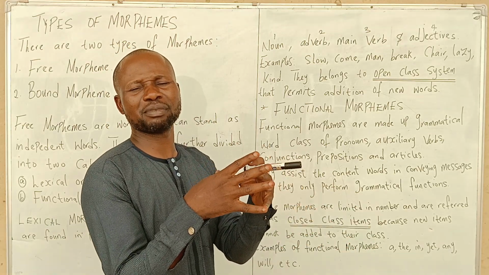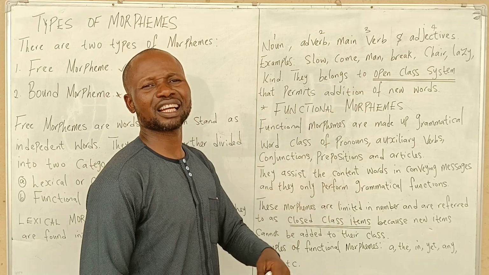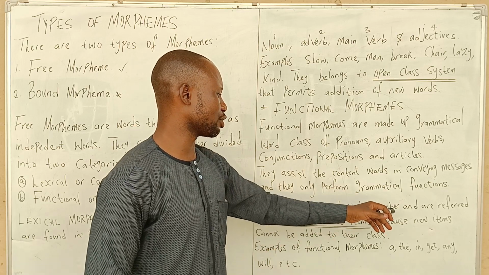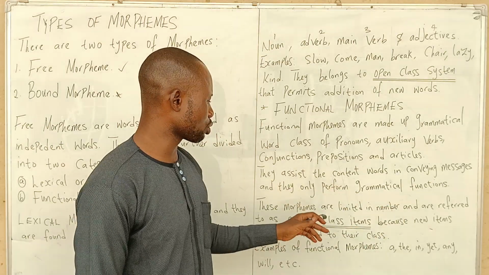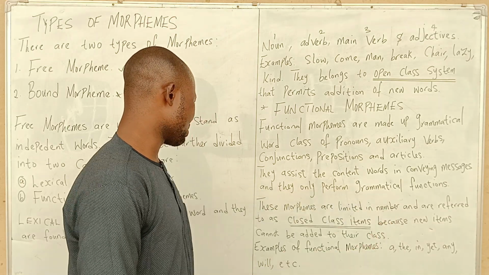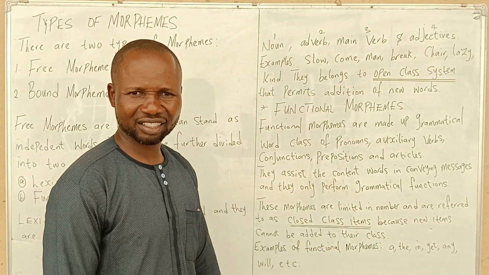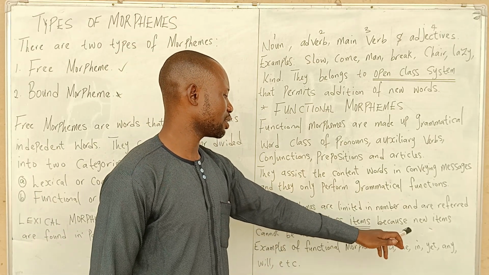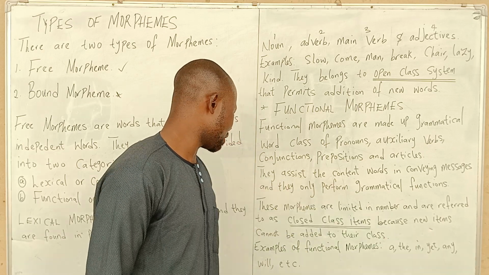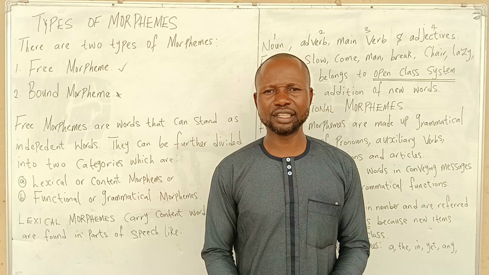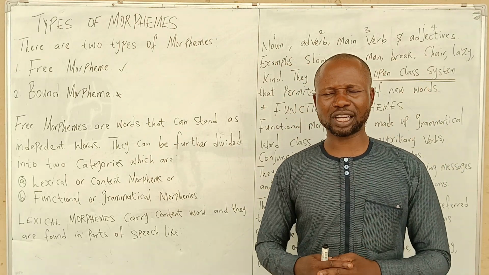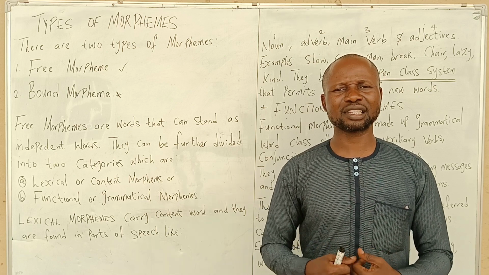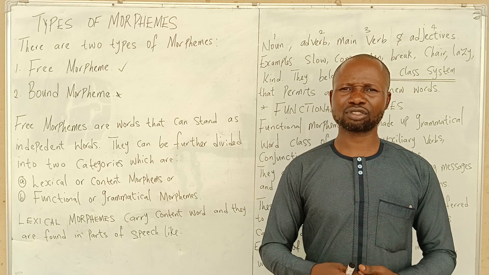Yes, they are limited in number, meaning they are small, not like the open class that are numerous, and more will still be added. So these morphemes are referred to as closed class items because new items cannot be added to their class. Examples of functional morphemes are a, the, in, yet, any, with, and many more. Pronouns like his, is, ours, themselves, itself, nothing can be added to them.